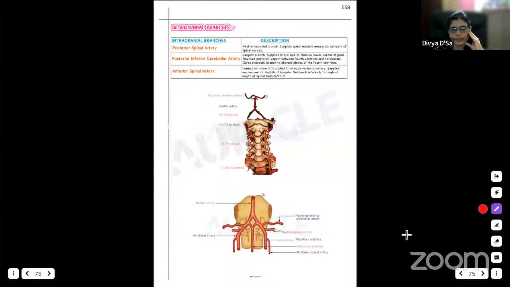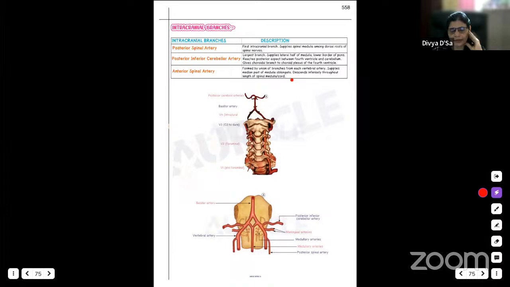Within the cranial cavity, it gives the posterior spinal artery, posterior inferior cerebellar artery, and anterior spinal artery. The posterior spinal artery is the first intracranial branch and supplies the spinal cord and medulla. The posterior inferior cerebellar artery is the largest branch.